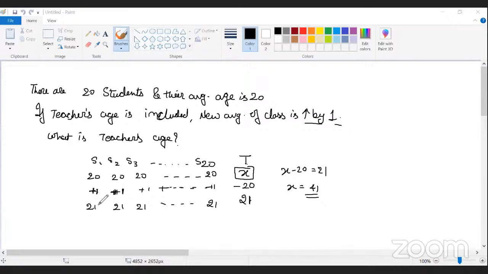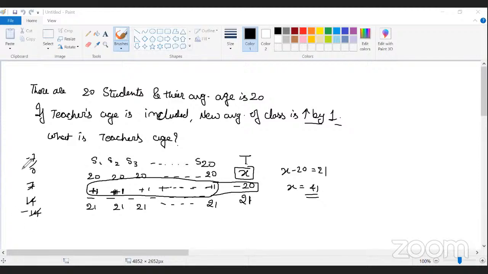Now when this 20 will become 21, when plus 1 gets added, 20 plus 1, 21. So how many times did this plus 1 get added? To 20 students. It means that this plus 1 got added 20 times, right? So to make it 0, I need to subtract 20. I hope you are understanding. Neutralization, like we just saw, minus 7, 7, and 14 and minus 14.